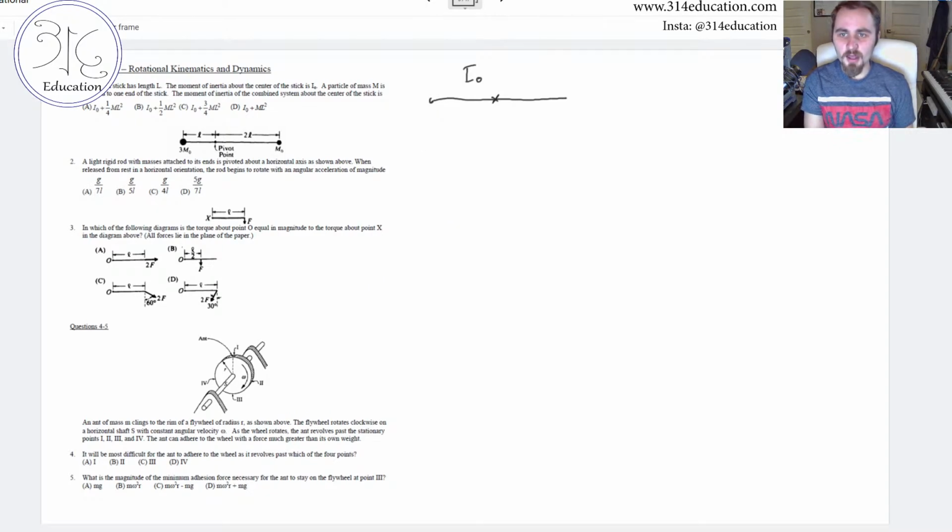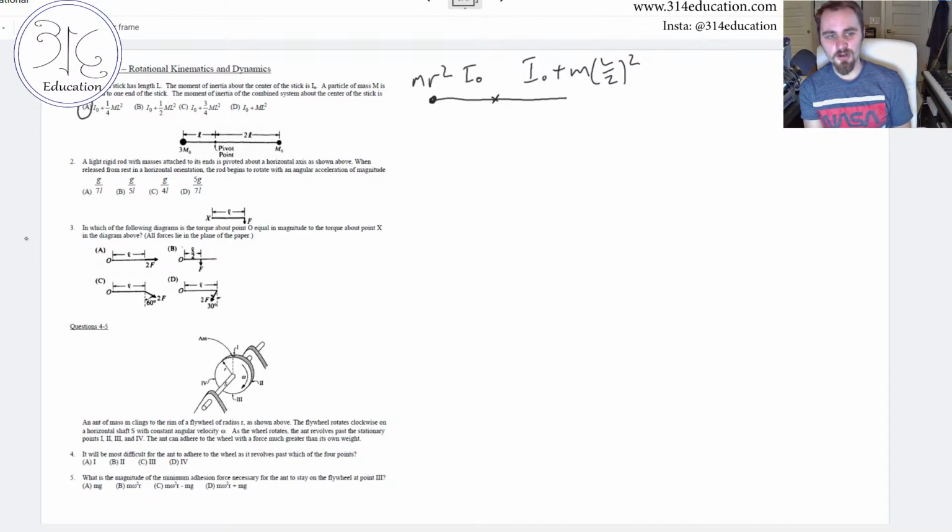And then the mass on the end is going to have a moment of inertia of mr squared, but our r is L over 2. So that's going to be I naught plus m (L over 2) squared. When we square this 1/2, it turns into a quarter. So that actually gives us A is our best choice here.